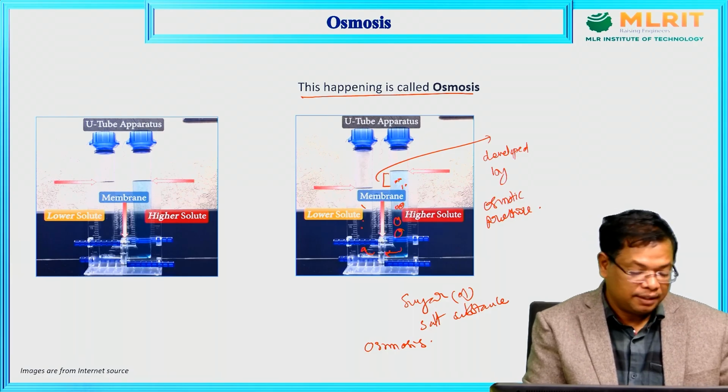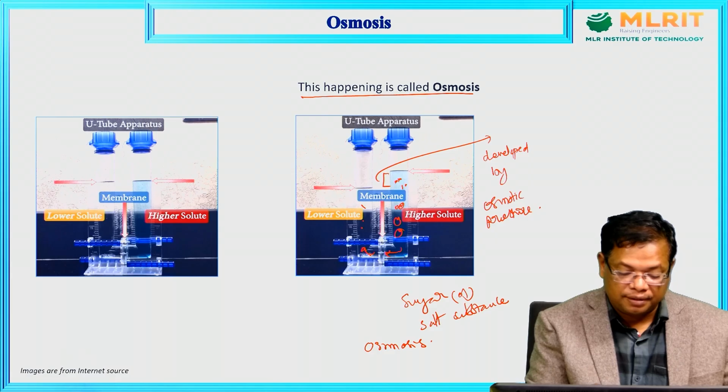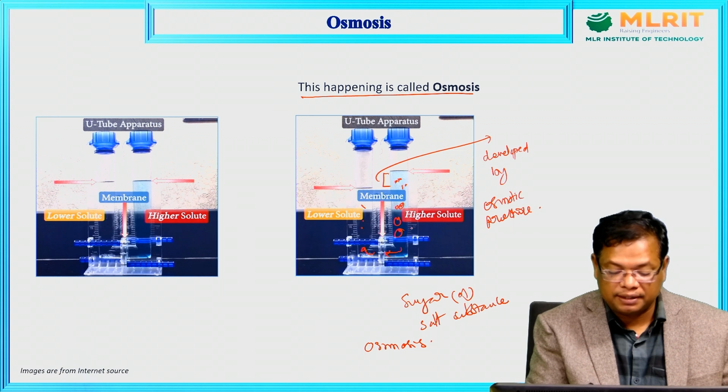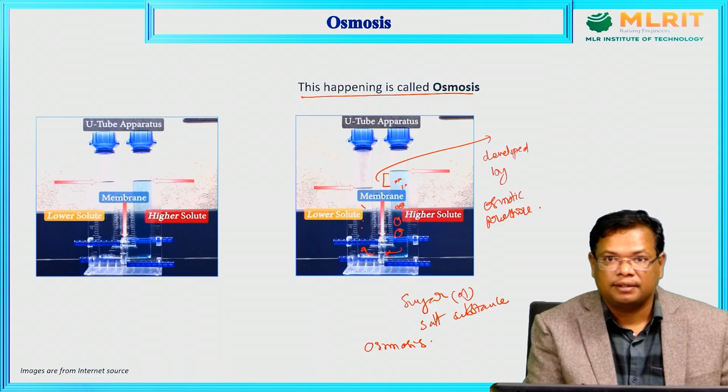So this is osmosis. Fresh water or lower concentrated solution always passes through the semi-permeable membrane to the highly concentrated liquid.